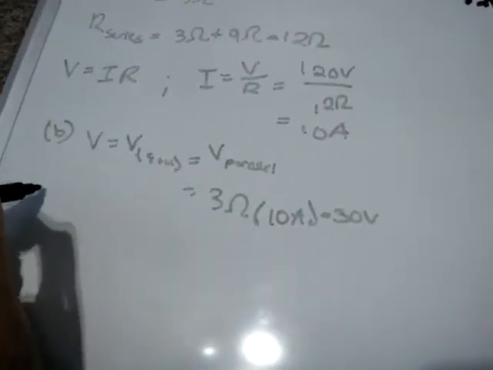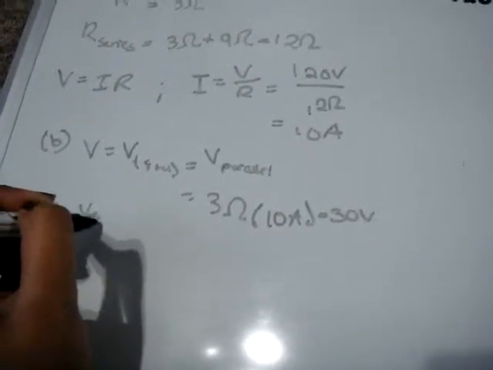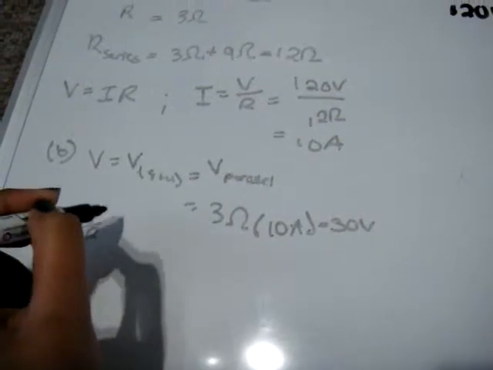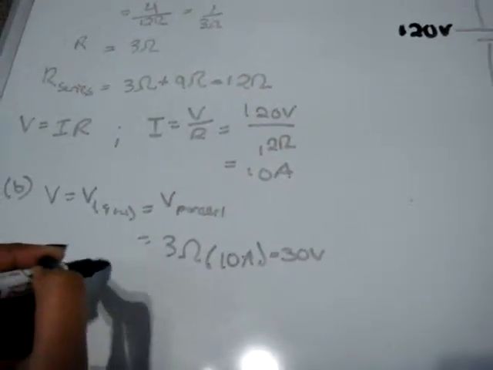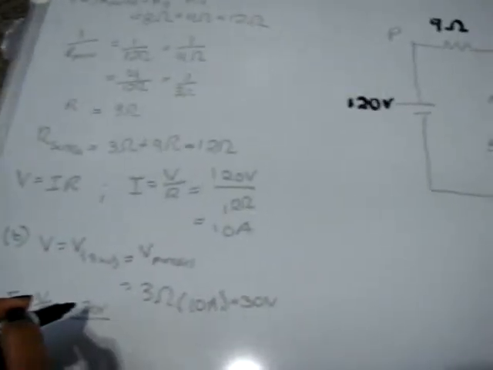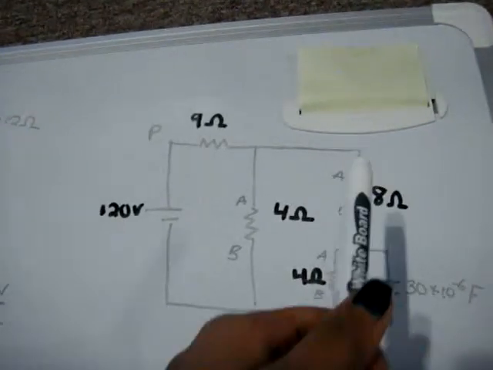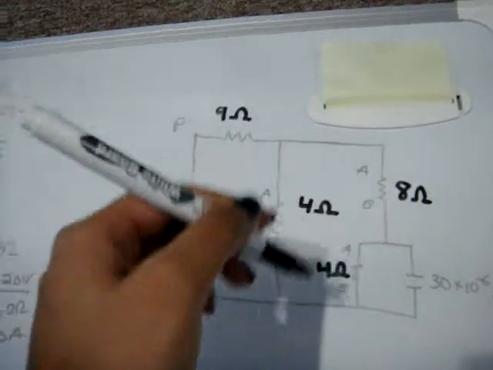So now we're going to have, again, I equals V over R. And that will basically be the 30 volts over, because we want to know the current in this resistor, we have to add up these two.